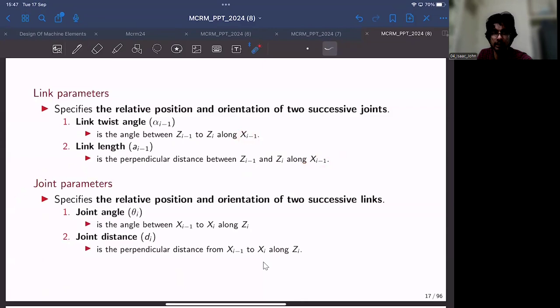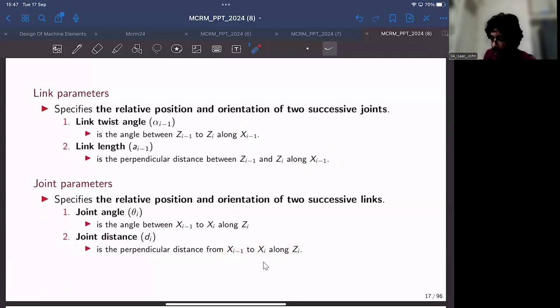And the remaining two parameters, we call them joint parameters. They are with respect to the Zi axis. So the first one is basically the orientation between Xi minus 1 and Xi about the Zi axis. And the second one is nothing but the perpendicular distance between Xi minus 1 and Xi along Zi.